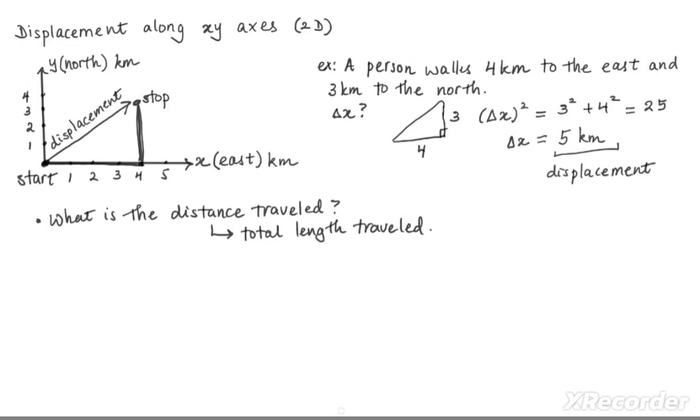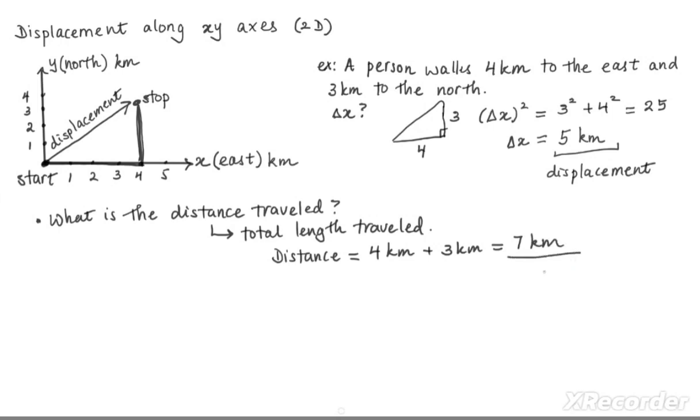So this person is walking 4 kilometers and then 3 kilometers. So we add the two numbers, so we have 4 kilometers and then 3 kilometers, and that gives us 7 kilometers.